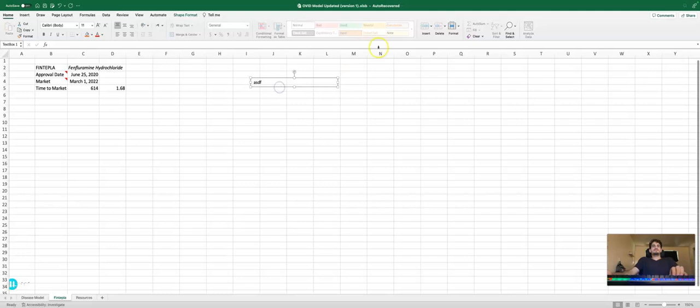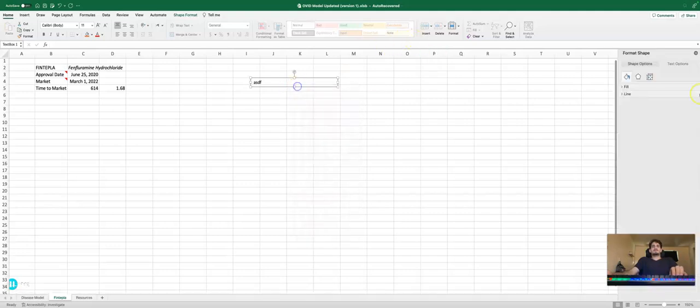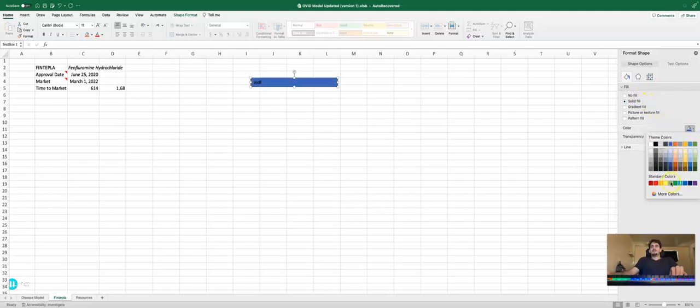First of all, I want to change the background of this thing. Let's go with fill, solid fill, or let's go with this very light yellow, like a notepad or a sticky note.